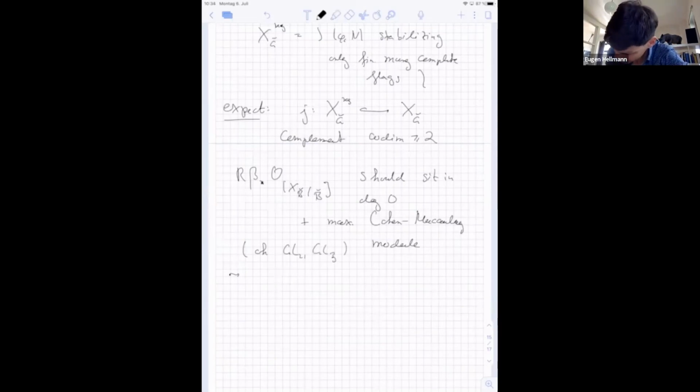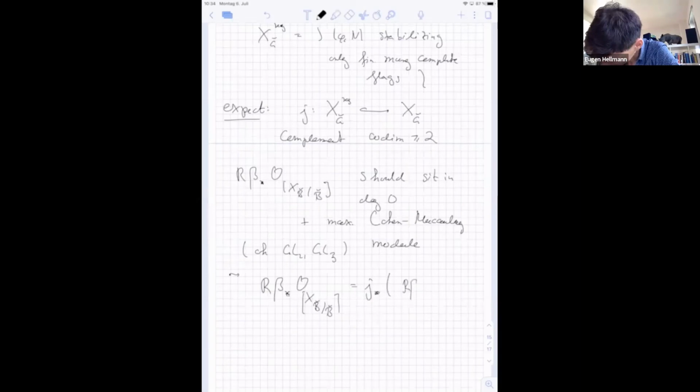And once you know this, in some sense, everything extends from the regular locus. It's the same thing as j lower star of this R beta lower star O X B check mod B check restricted to the regular locus, and the Hecke action extends.